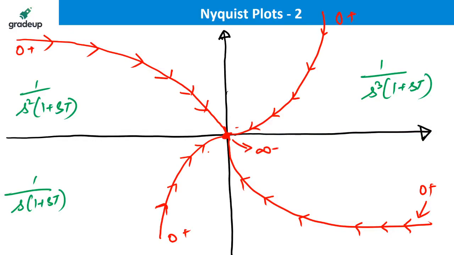This is common. This is infinity plus point. But the way it is touching the origin is not same. Sometimes it is touching along x-axis, sometimes along y-axis. And let me write down the function also. This one represents 1 upon s raised to the power 4, 1 plus st. I have told you for all the 4 cases.